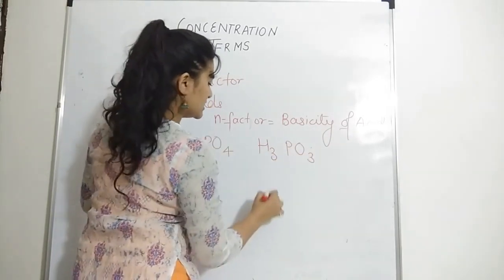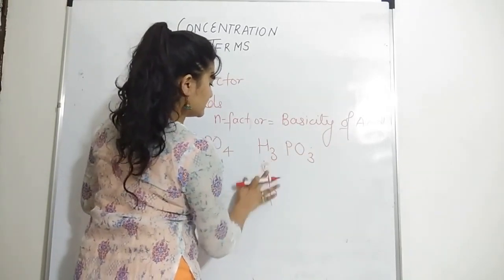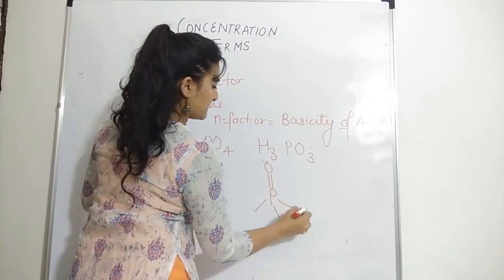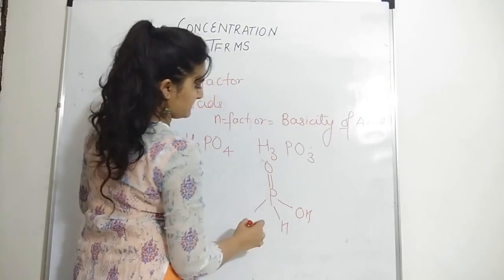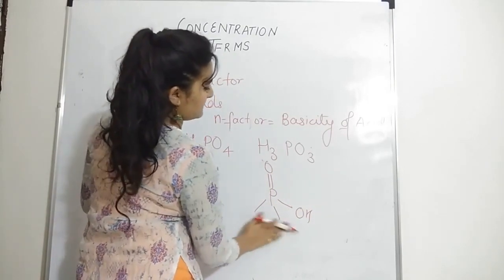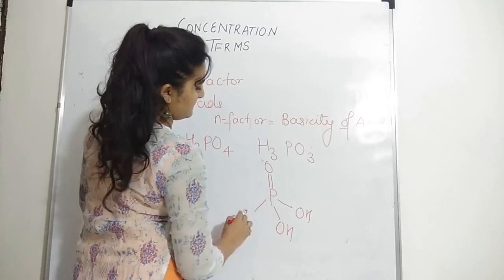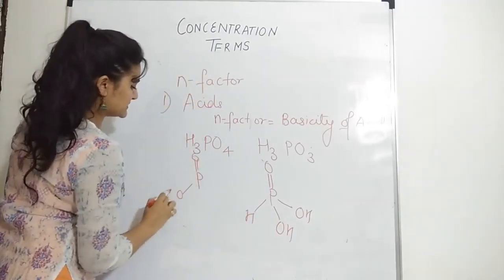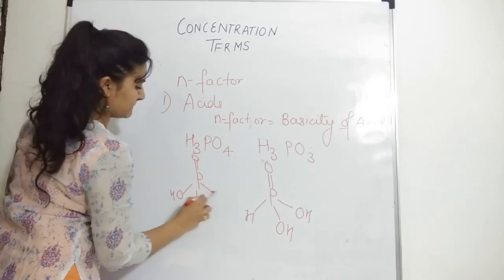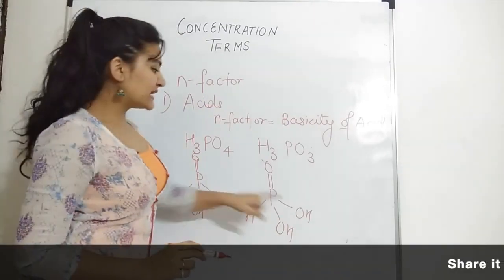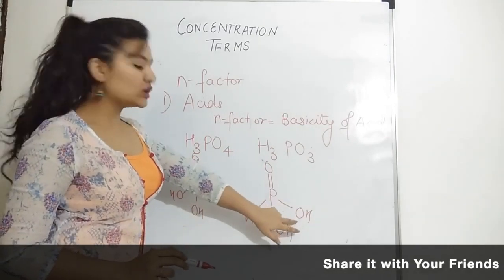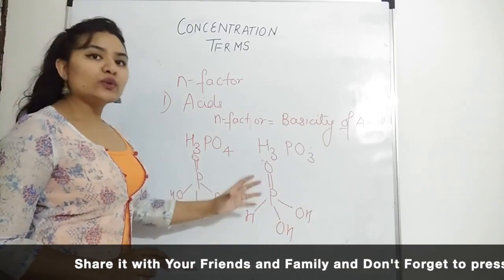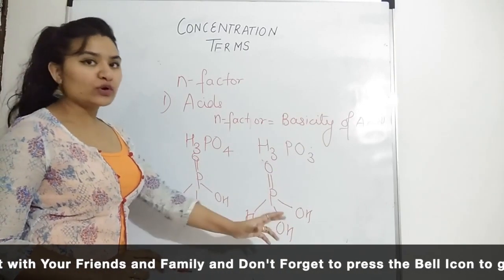In H3PO3, the structure is like this. In H3PO4, the structure is like this. The hydrogen that is attached or that is bonded to the oxygen is the one which is acidic hydrogen or the one which can be released as H plus, the protonic one.